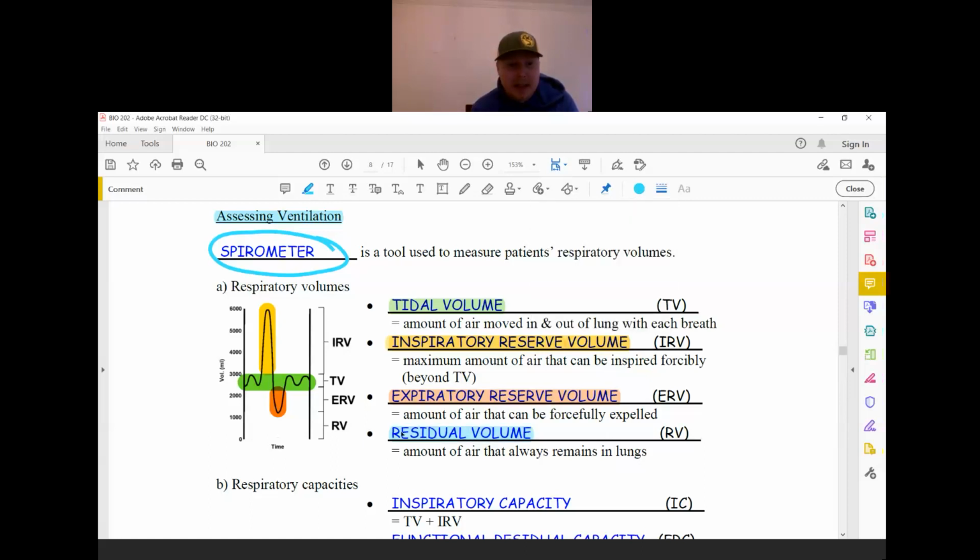Residual volume is the amount of air that always remains within the respiratory system that we never can quite get completely out of. So there's always going to be some within the respiratory tree or within the alveoli that are not functional, and so on.